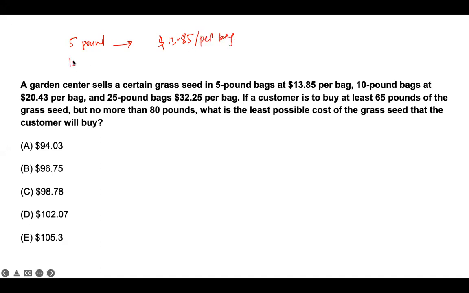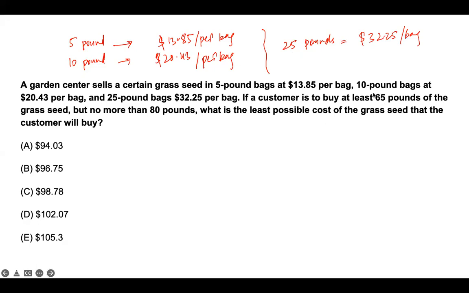And for the 10-pound bag, the cost is around $20.43 per bag. And for 25 pounds per bag, the cost is $32.25 per bag.